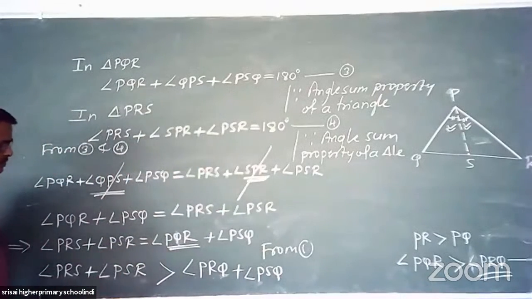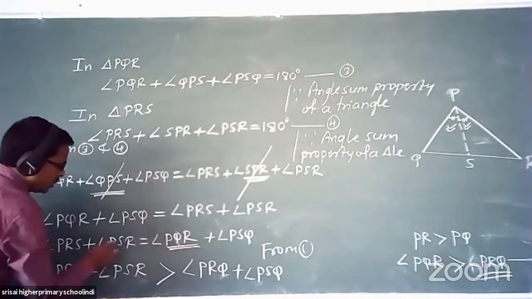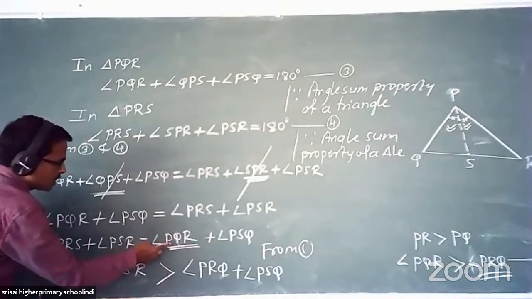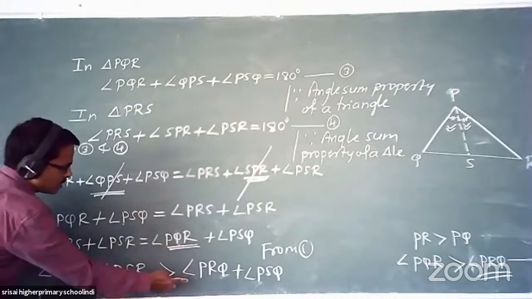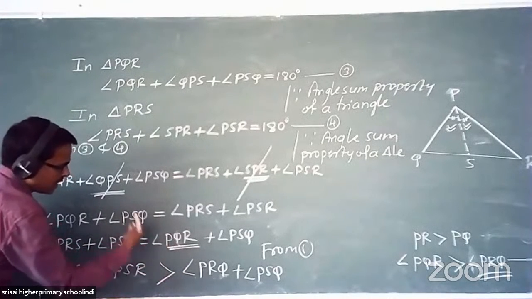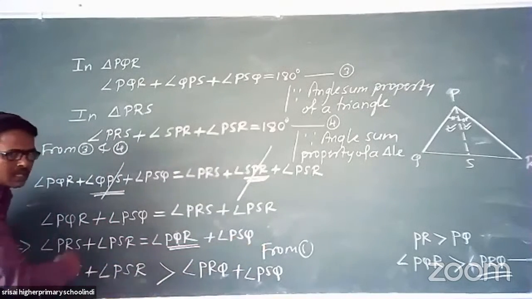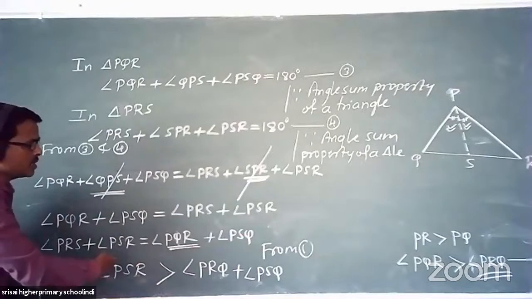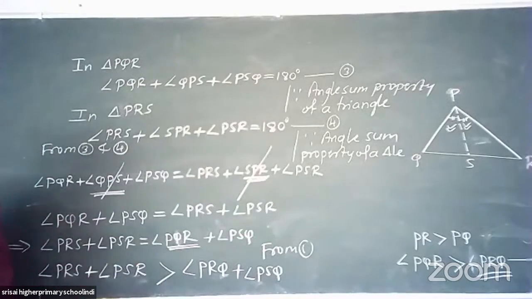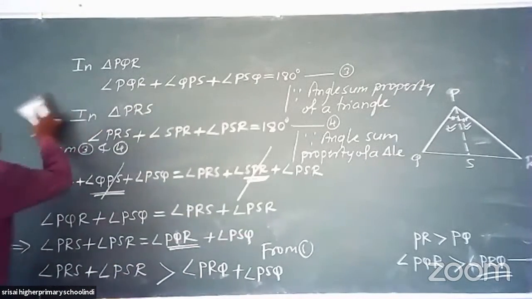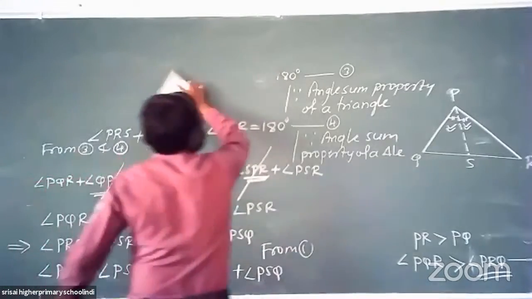Both sides were equal here. This is larger, this is smaller. I am removing the larger angle and putting the smaller, so this side becomes smaller and this side becomes larger. Understand this point? Okay. Then next, what is next?